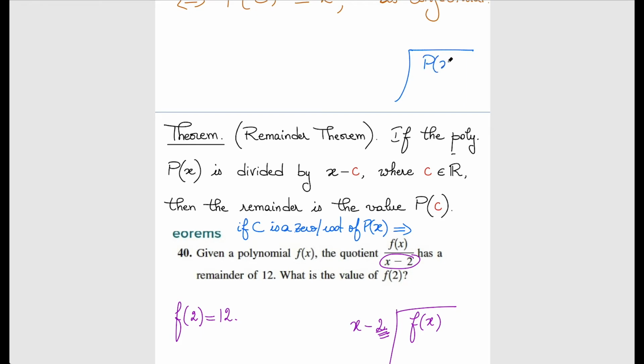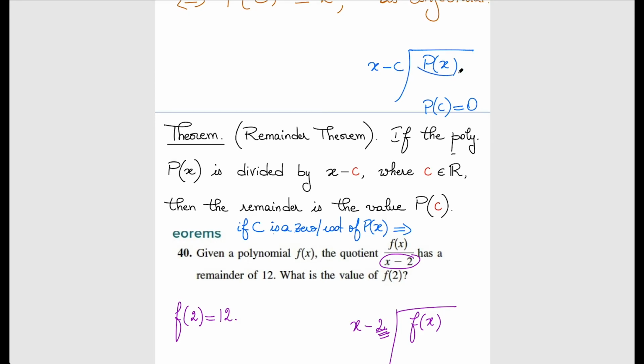If I divide p of x by x minus c, and I know that c is a 0 of p of x, which means p of c is equal to 0, then the remainder, which by the remainder theorem is p of c, is 0.